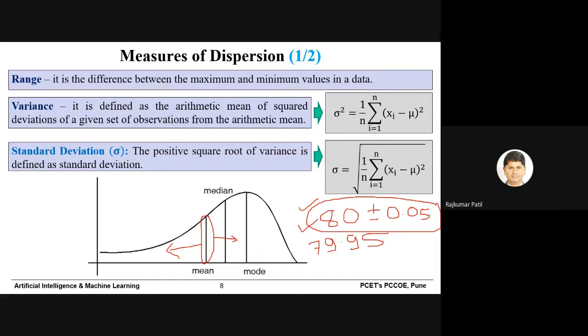So this is how whatever standard deviation is there, it is an input for designing the tolerances, and based on that you can decide the criteria for acceptance and rejection.